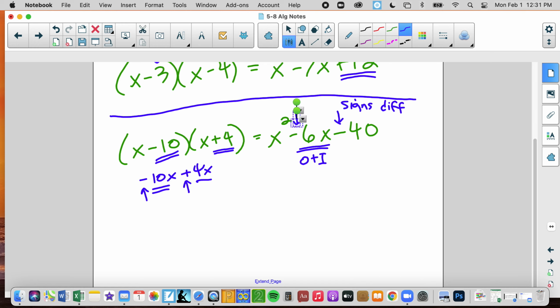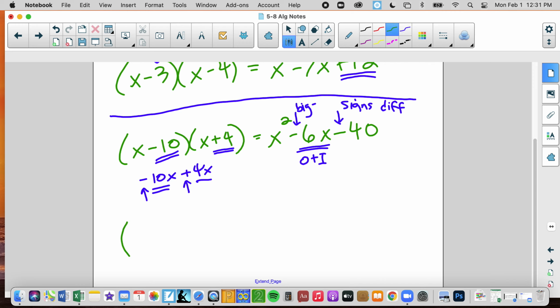So of my outside and inside, my bigger one is going to be negative. I have two numbers with opposite signs, and when I combine them, it's going to produce a negative 6. So if we have two numbers, the bigger of those two numbers will be negative.